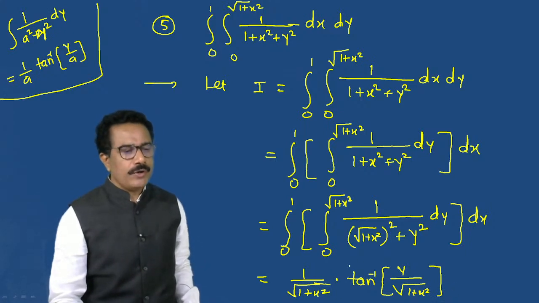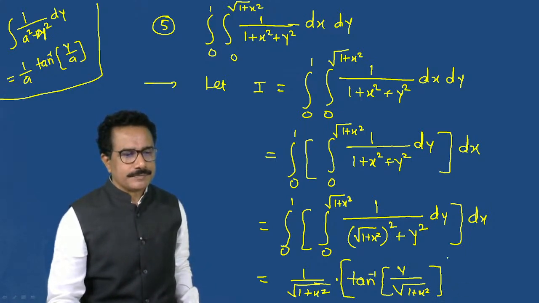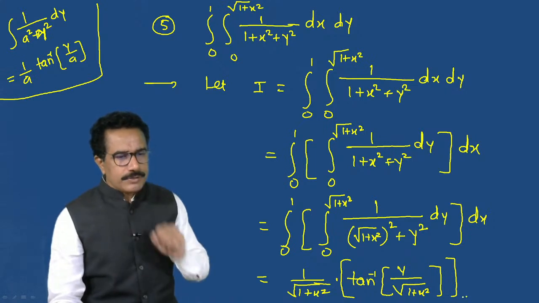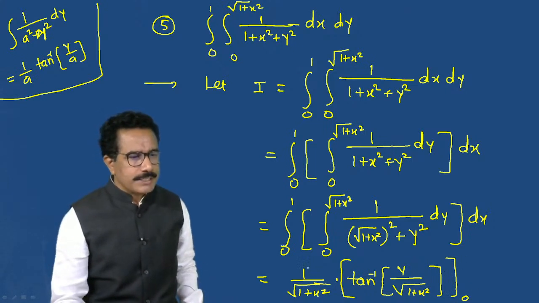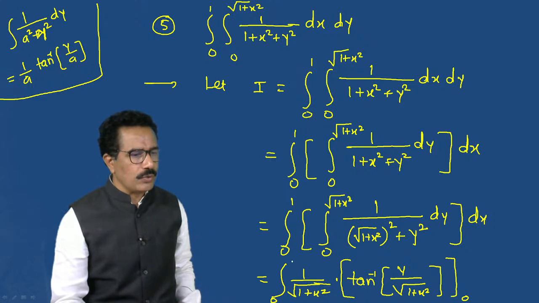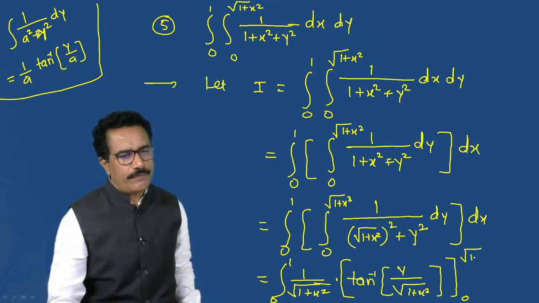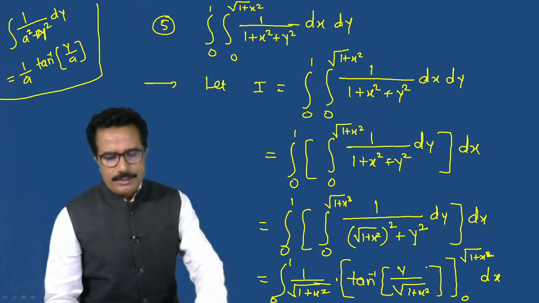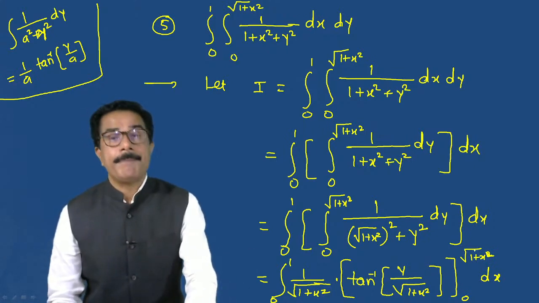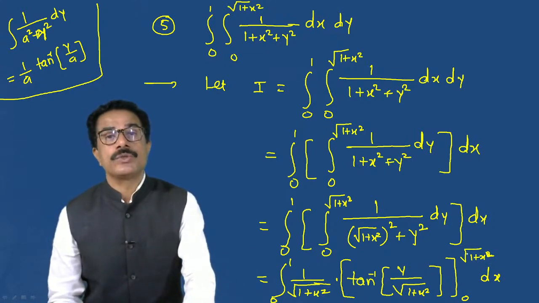Okay, so look at the limits. Keep this integral as it is, 0 to 1, and the limits for y are 0 to root of 1 plus x square, with dx as it is. Now we can use the upper limit and lower limit. The upper limit is root of 1 plus x square, the lower limit is 0.